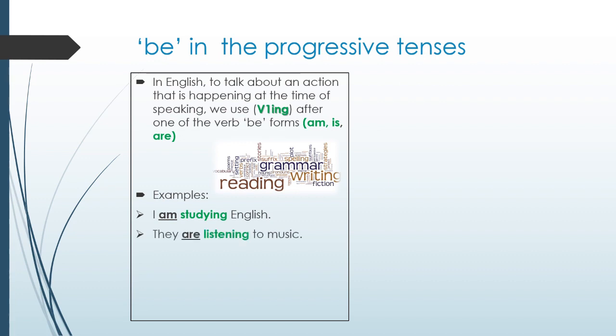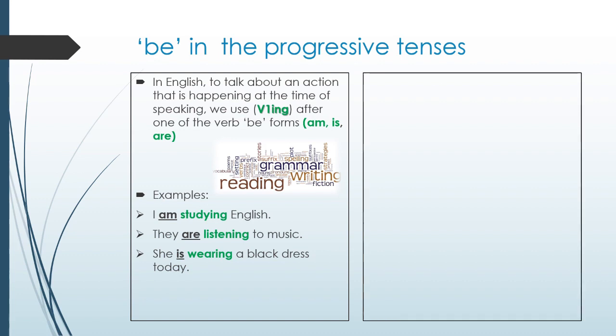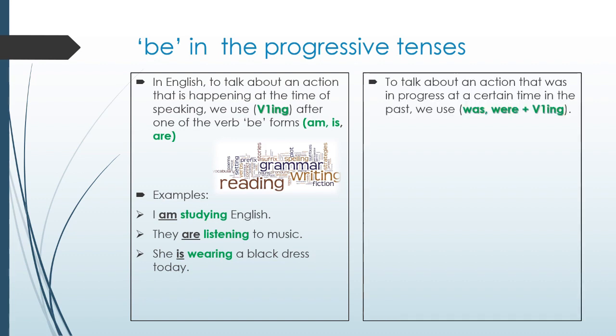They are listening to music. It means these actions are happening at the time of speaking. One last example. She is wearing a black dress today. As you remember, one of the expressions we use in the present progressive, today, now, or at the moment.